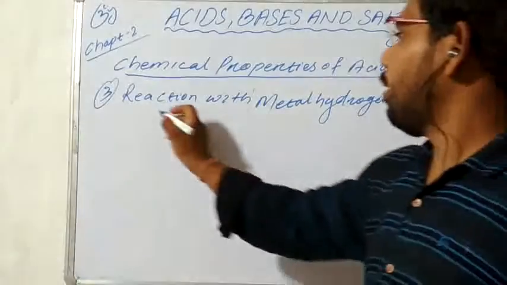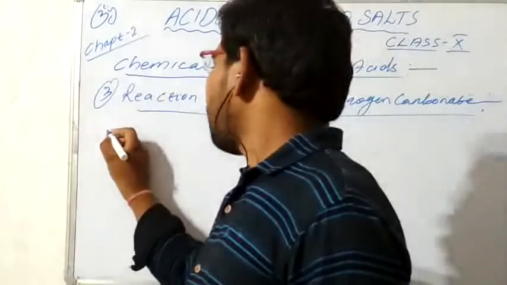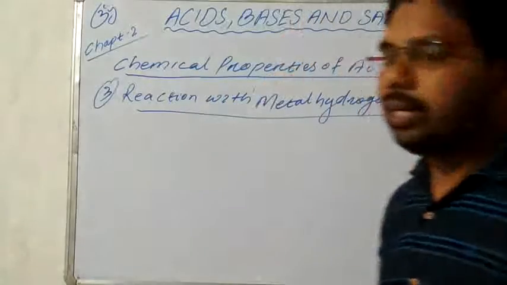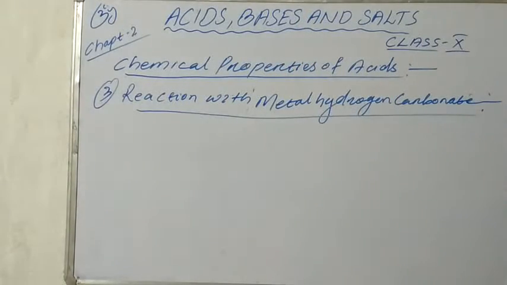What happens when acids react with metal hydrogen carbonates? Some examples of metal hydrogen carbonate are calcium bicarbonate, or we can take sodium bicarbonate also.